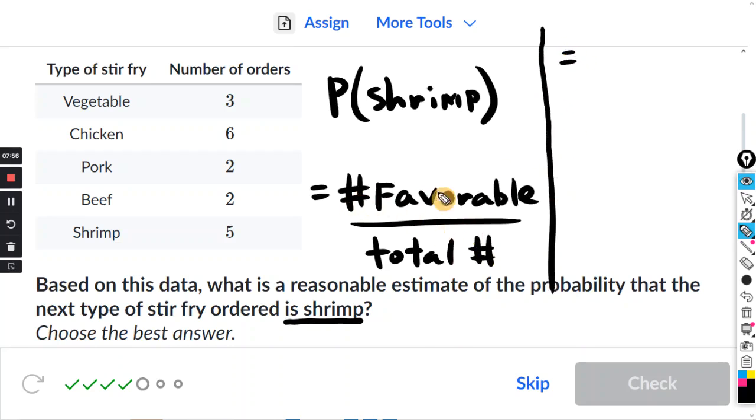Which ones are favorable? Well, we're looking for shrimp. So there's 5 of them that are shrimp. So in the numerator, the number of favorable is 5.